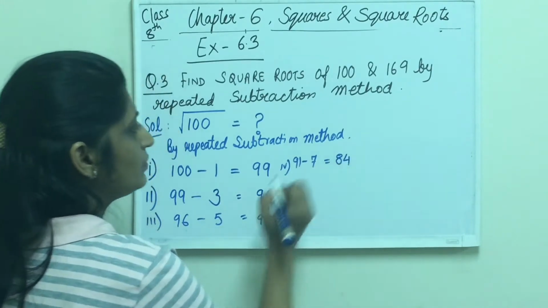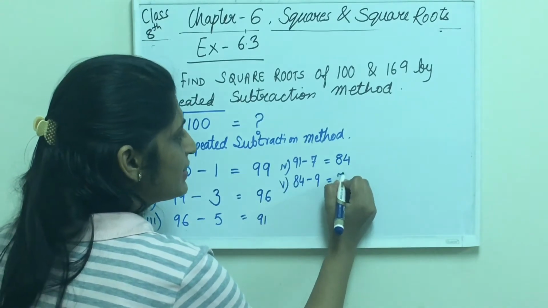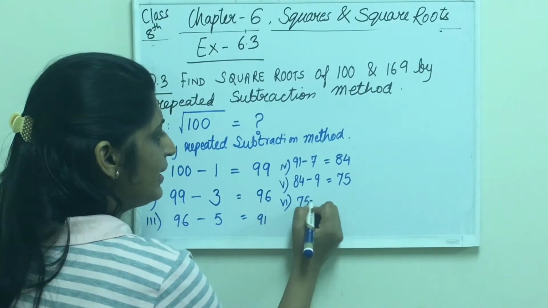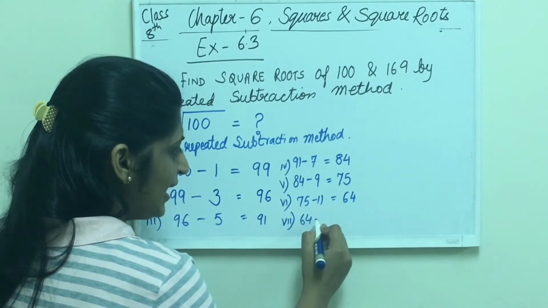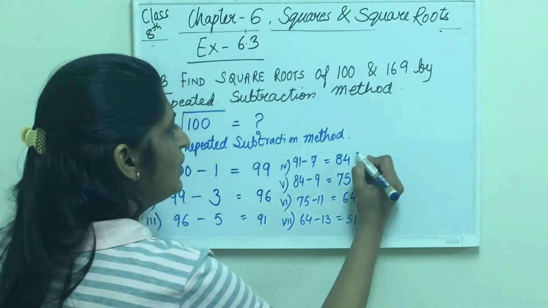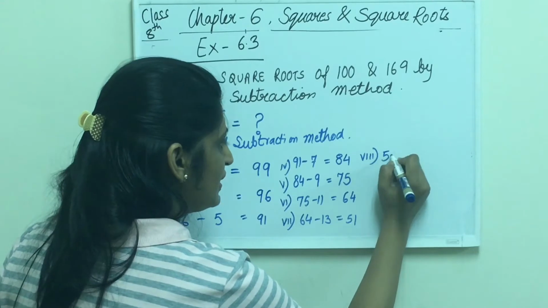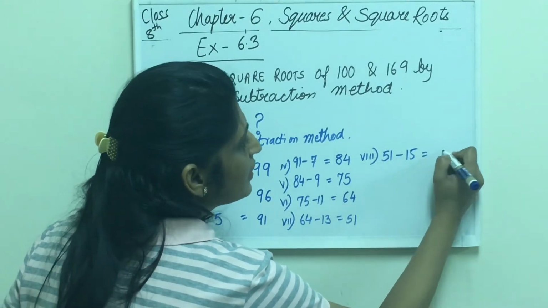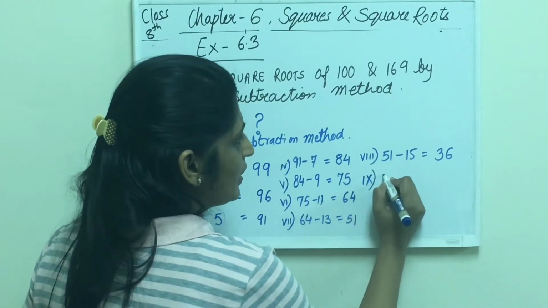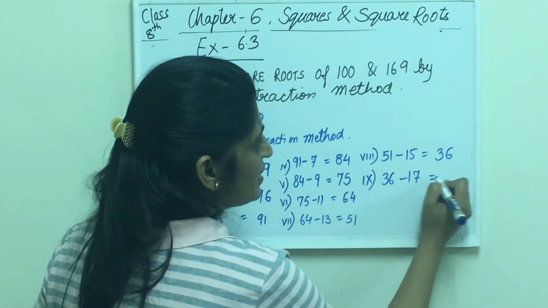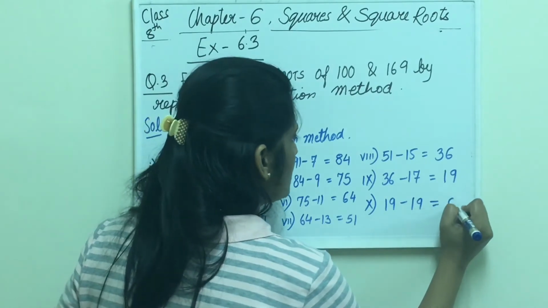So 84, then 9, 4 and 5, that is 75, then 11, 64, then 13, 51, then 15, 36, then 17, which is 19, and then next is 19, which is 0.